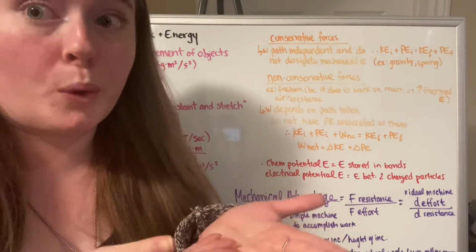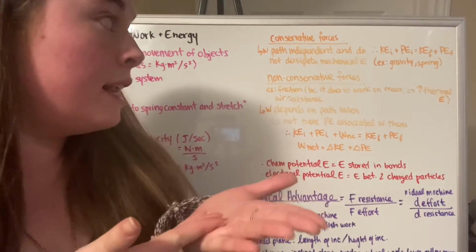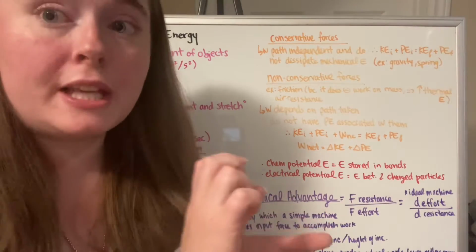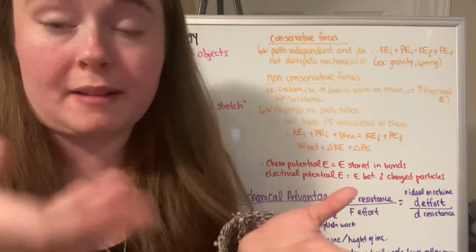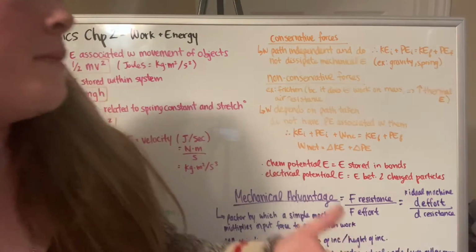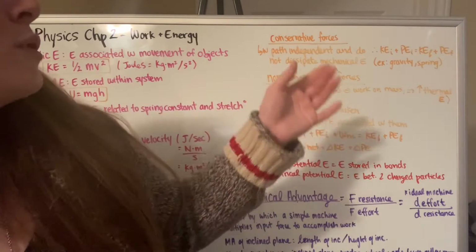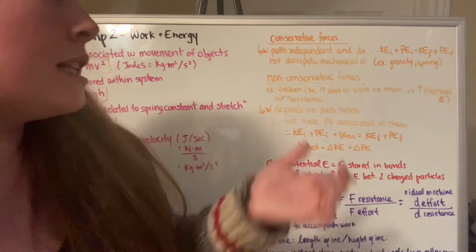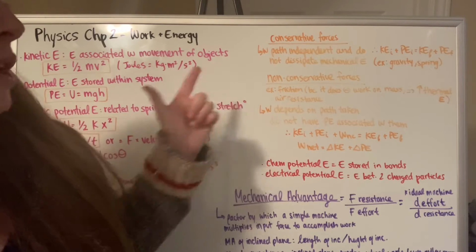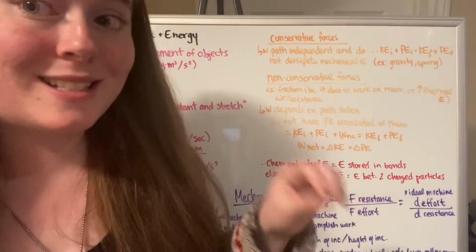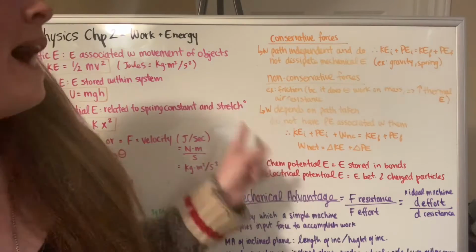That friction is working on the mass and producing thermal energy, which means you're losing some kind of energy in this process. So things like friction and air resistance are non-conservative forces because the work that is done depends on the path taken.